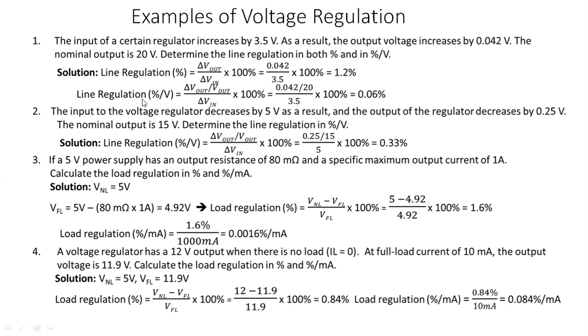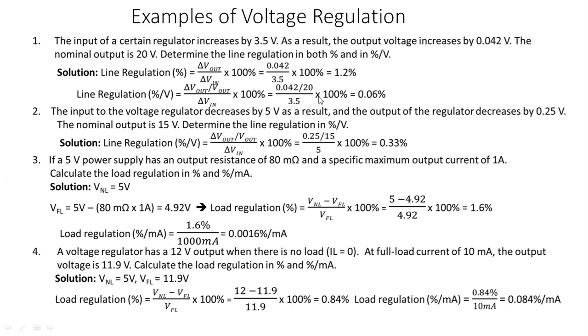If you are solving line regulation in percentage per volt, we have the formula delta V out upon delta V in into V out into 100%. So we write these values as 0.042 upon 3.5 into 20, where 20 is in the denominator.